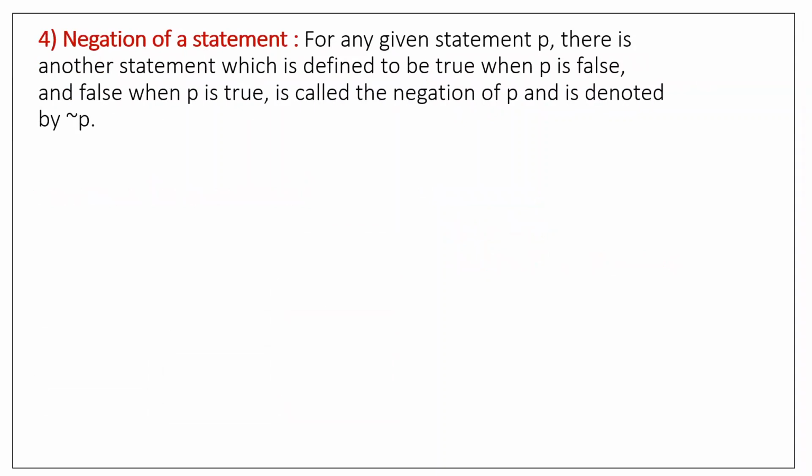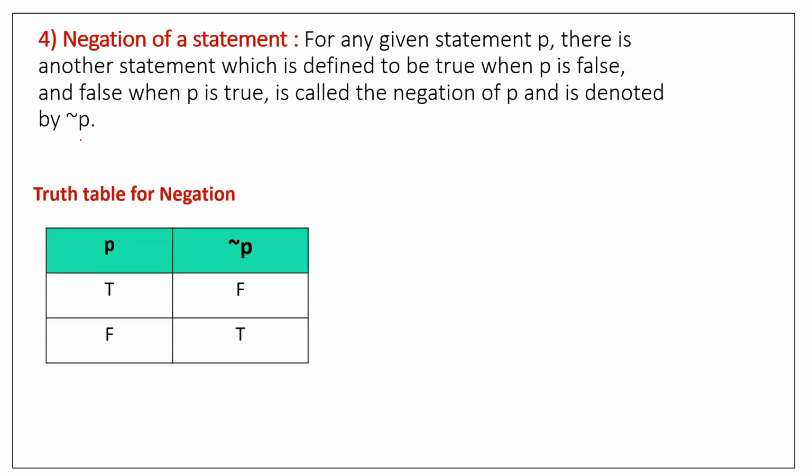Next one is negation of a statement. For any given statement P, there is another statement which is defined to be true when P is false, and false when P is true. It is called the negation of P, and it is denoted by this notation. Now what is the truth table of negation?